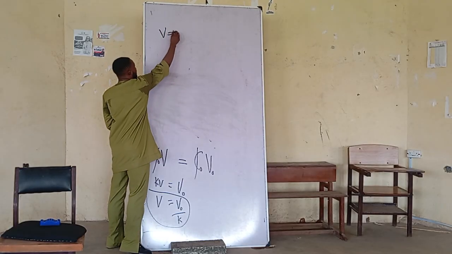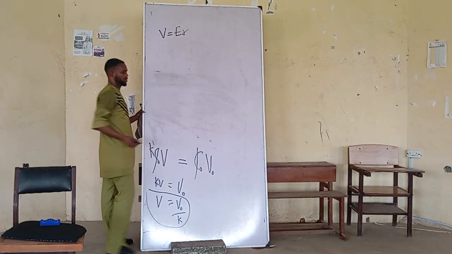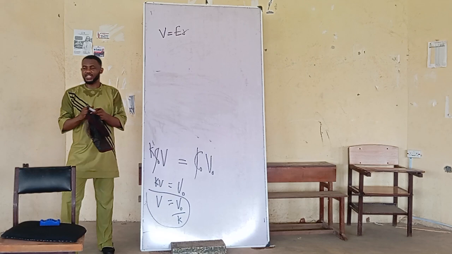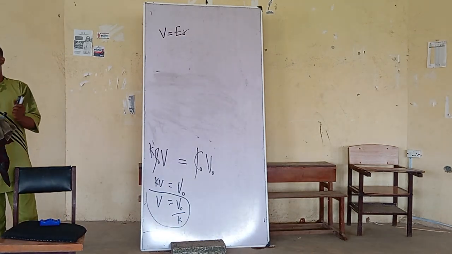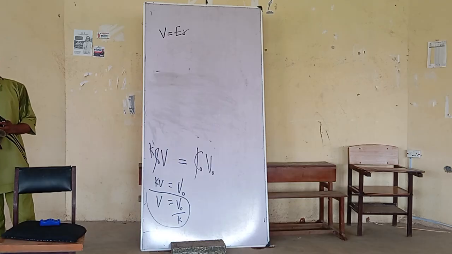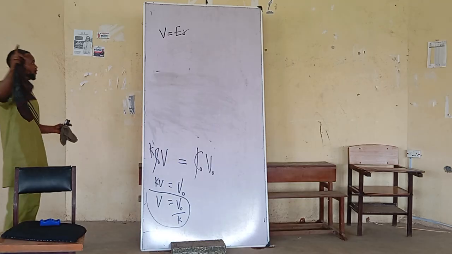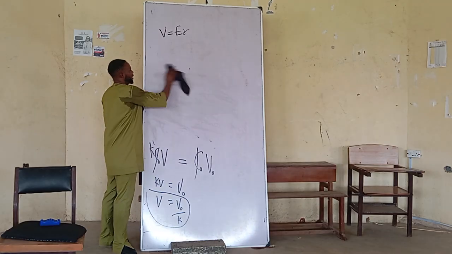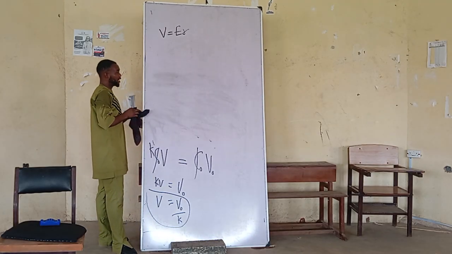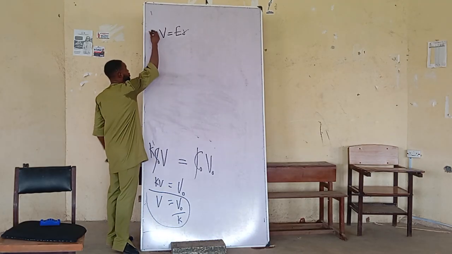V is given by this formula, ER. Always remember, we've said it over and over, that whenever you're getting voltage in an electric field, we use ER. We have different formulas for this, like the one that is Q over C. But in an electric field, V equals ER. Now let's say that this V equals ER is the one with dielectric.